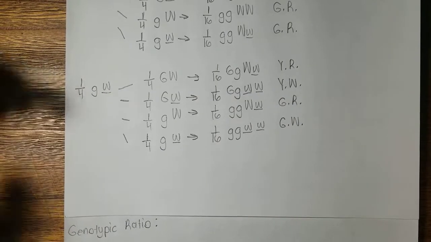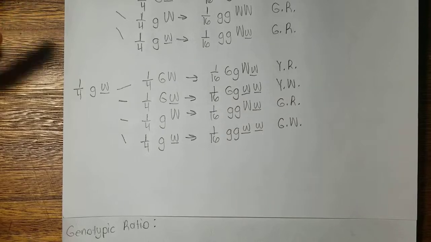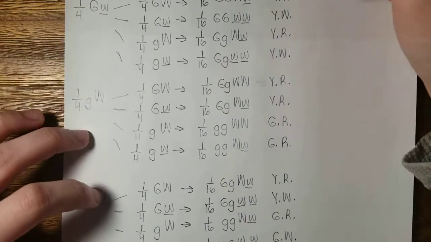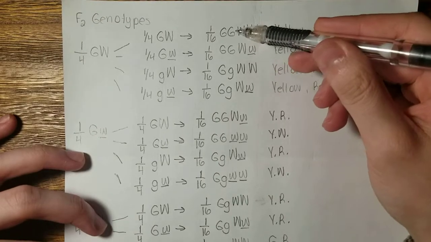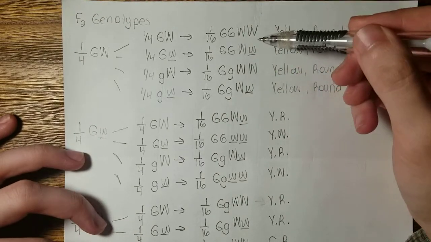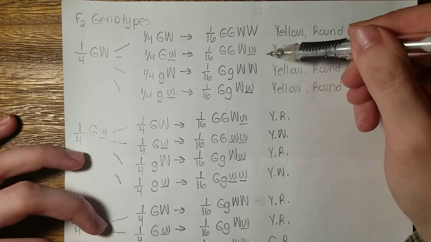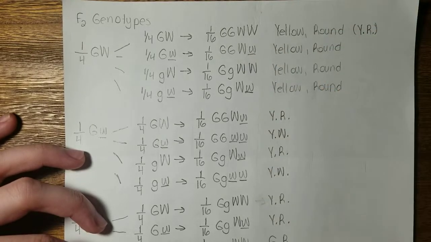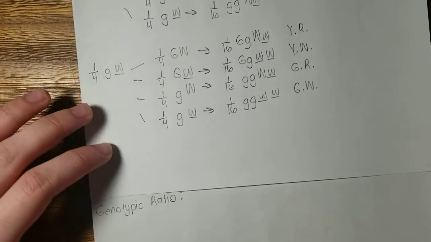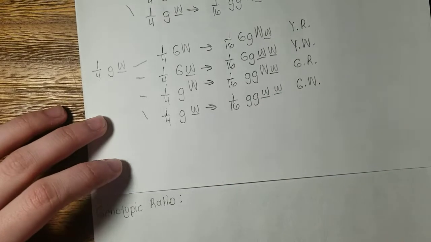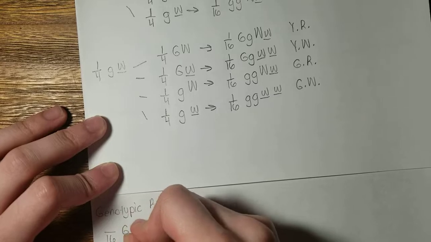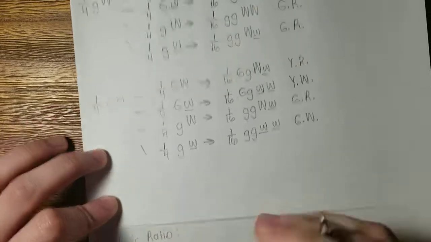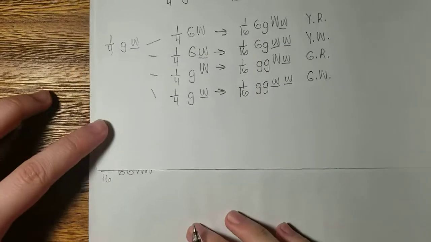For the genotypic ratio, all we're doing is finding all the different types of patterns that we see pretty much. So we're going to count how many big G's, big W's there are, how many big G's, big W, little W's there are, so on and so forth throughout the entire thing. So we're going to count the big G's, big W's first. Big G, big W right here.